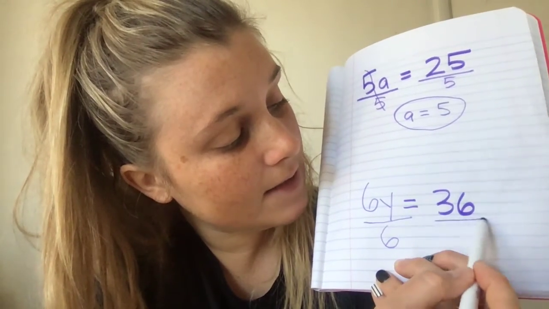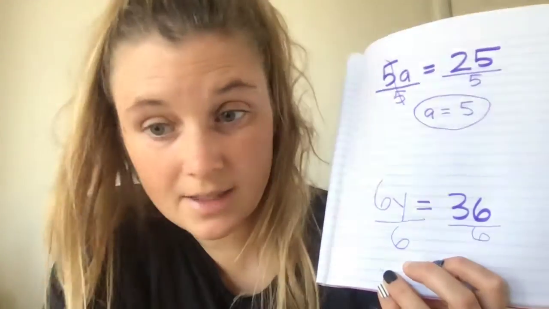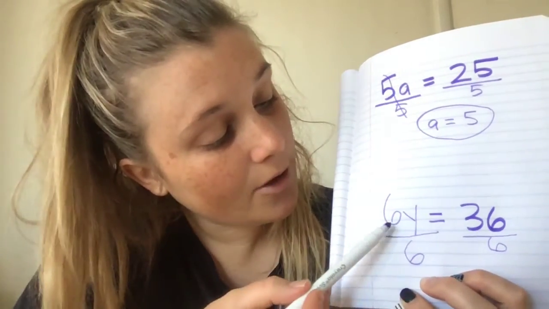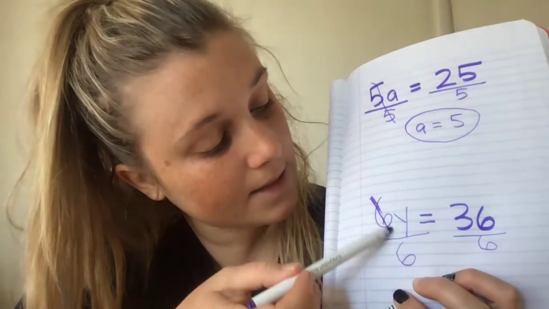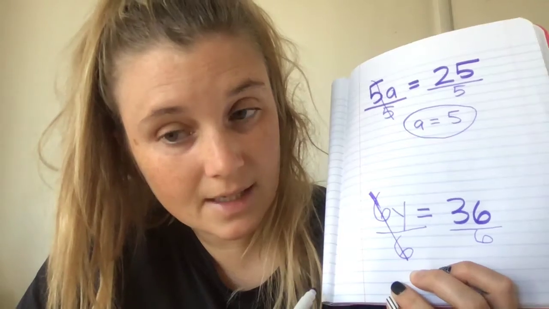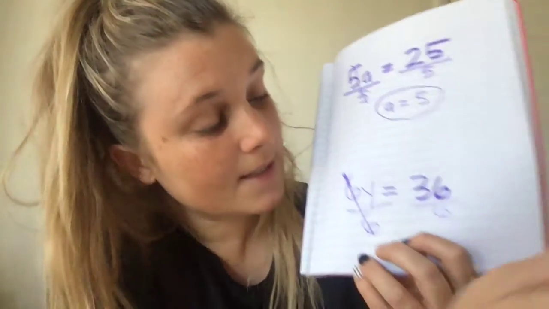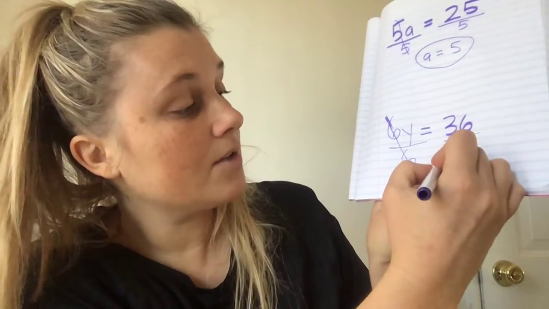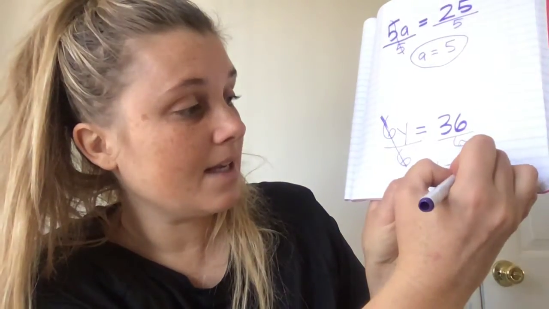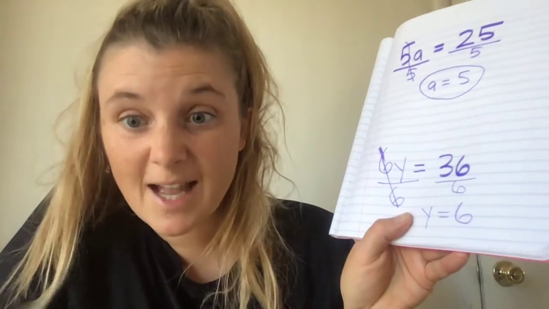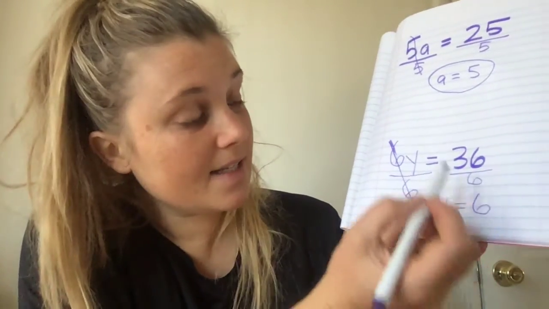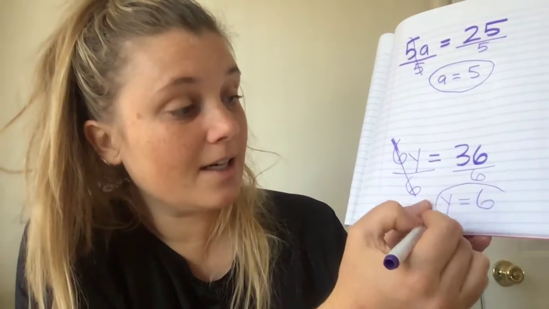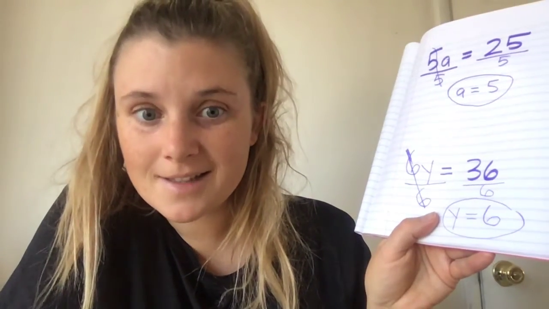And we're going to divide this by 6. Right? So that they stay the same. If you have 6y divided by 6, you're going to cancel out that 6. 36 divided by 6 is 6. So y equals 6. Does that make sense? 6 times 6 equals 36. It does make sense.